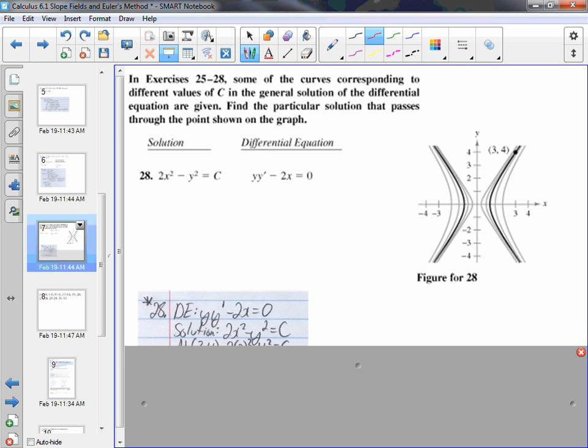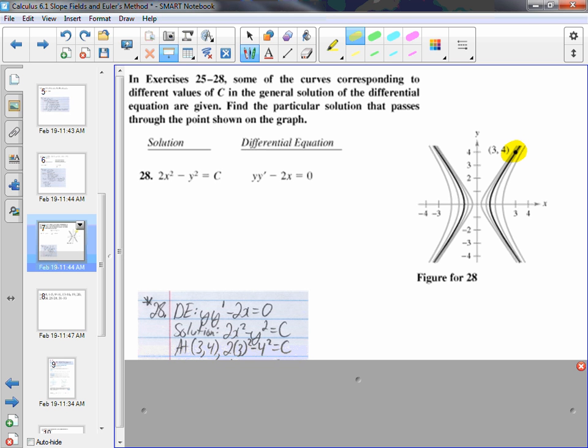By looking over here, they're telling us that whenever x equals 3, y equals 4, we can solve for c, can't we? So take your solution at the point 3, 4, replace x with 3, replace y with 4, and we can solve for c.